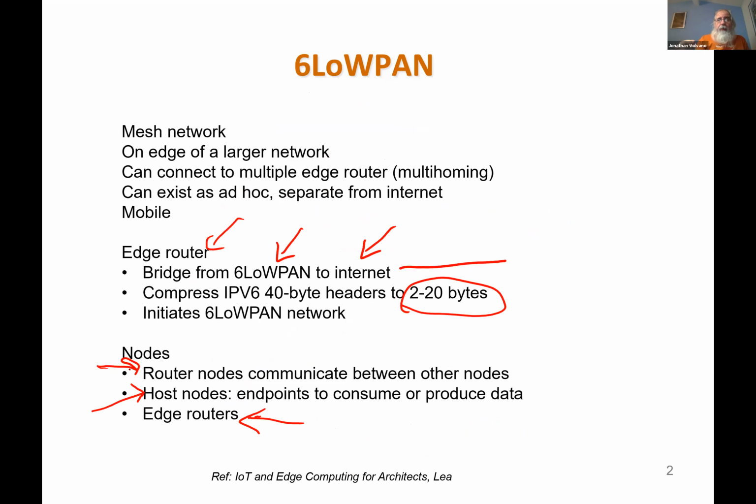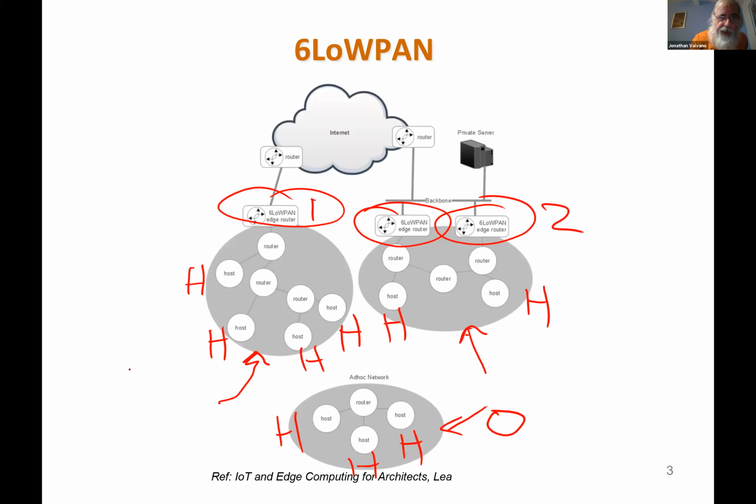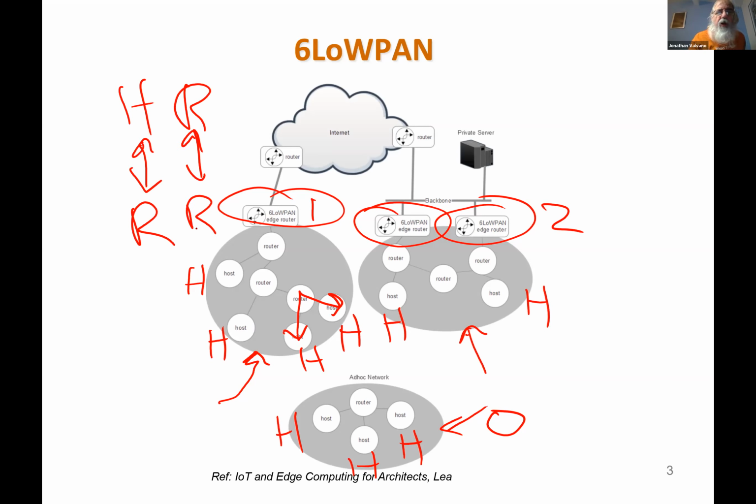Now it turns out, we'll see in a subsequent slide, an actual physical device could be enabled to handle all 3 of these tasks, and it could switch from one task to another. But a router node is one which has the ability to connect other devices. So a host can talk to a router, a router can talk to a router, but a host cannot talk to a host.